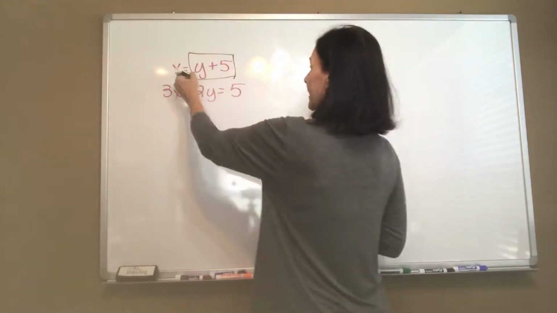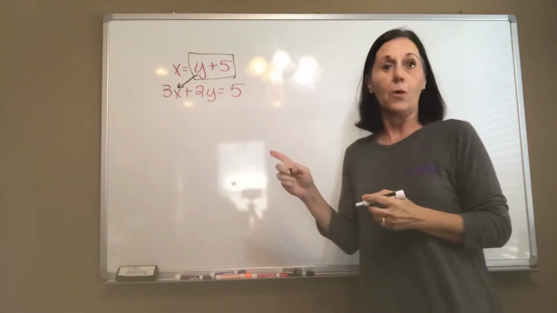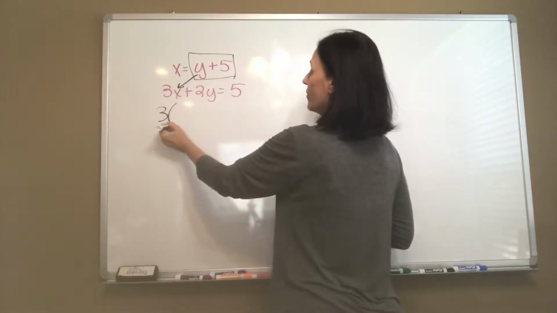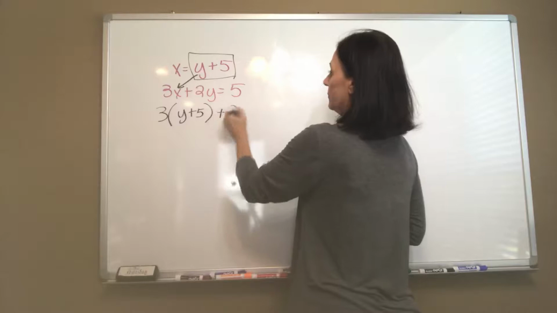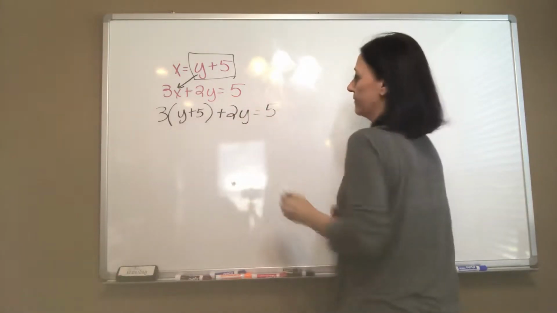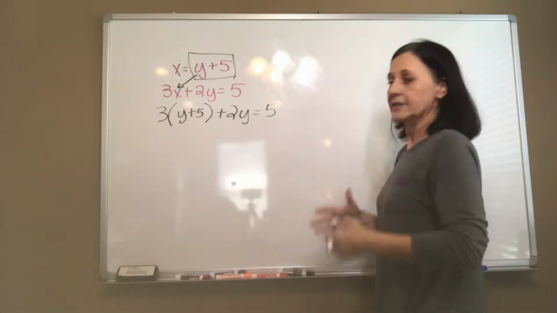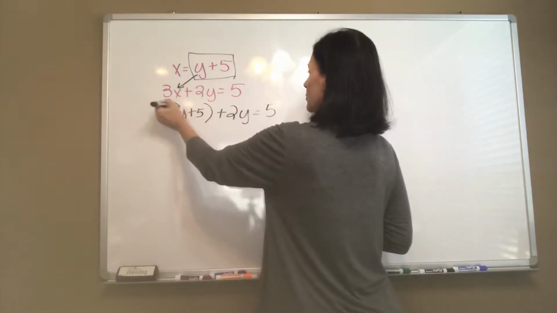All right, so x equals this value, y plus 5. In the second equation, where x is, I'm going to substitute y plus 5. So we have 3 times y plus 5, plus 2y equals 5. I'm going to distribute, add like terms, move my constants to the other side, and solve for y.